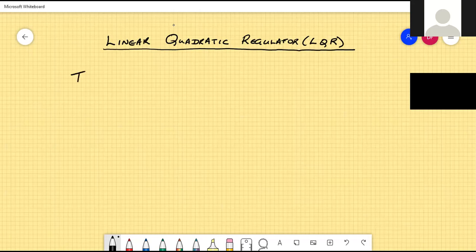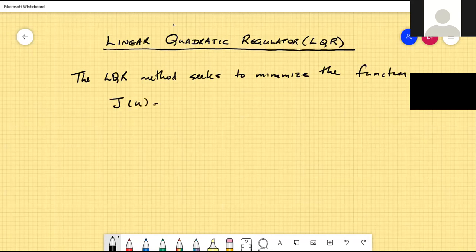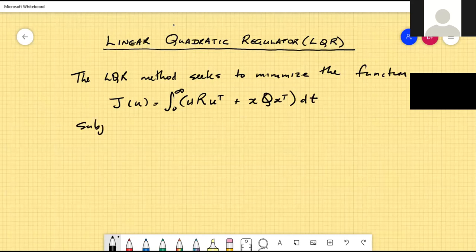So the LQR seeks to minimize the function, subject to the constraints that x dot is equal to Ax plus Bu.